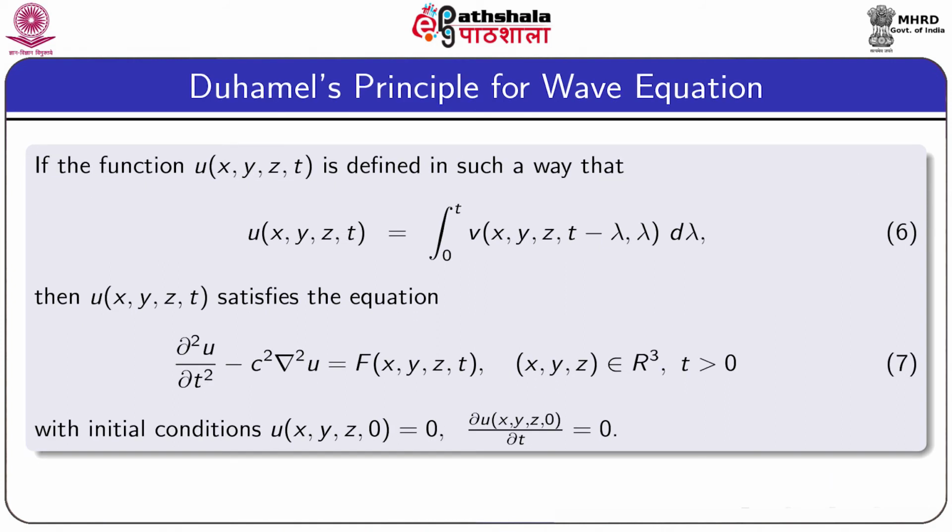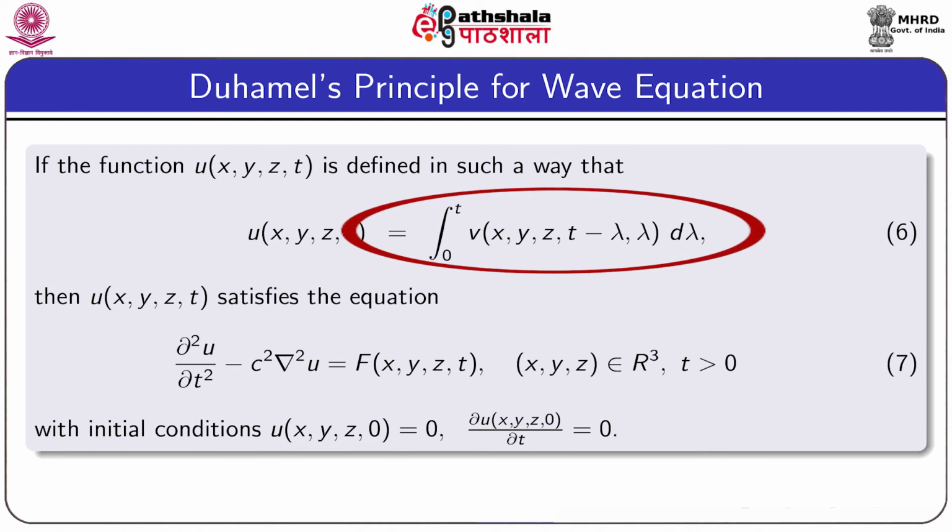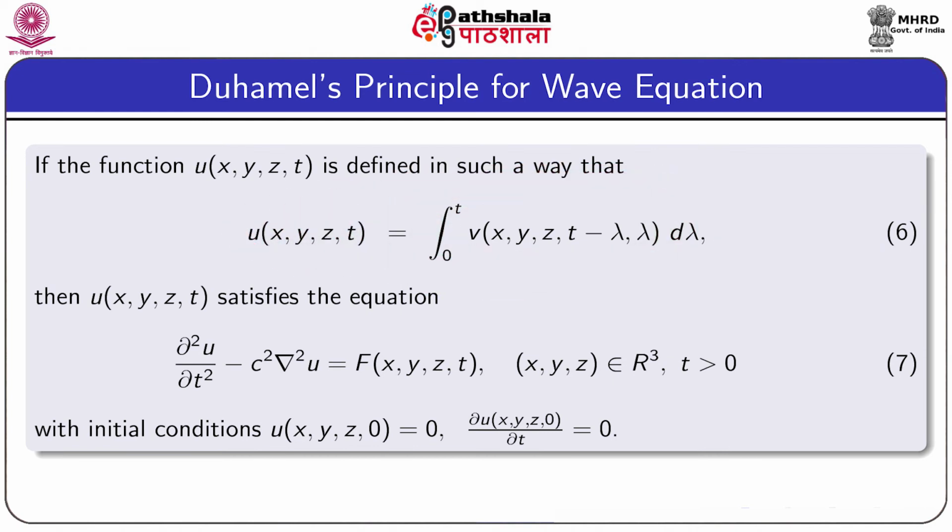Now, we define a function u which is a function of x, y, z and t, defined in this way: u equals the integral from 0 to t of V of x, y, z, t minus lambda, lambda d lambda.